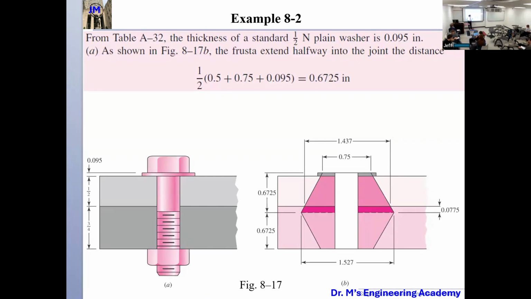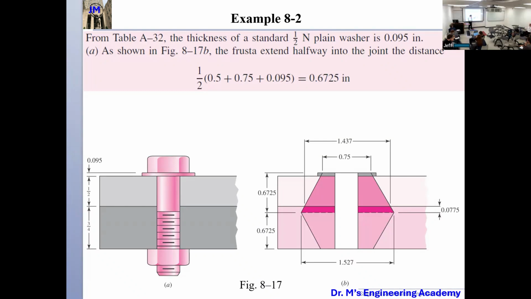But for the first question, if one is made of steel and one is made of cast iron, these two are made of two different materials. So first, get the midline, and then this part and this part are different. We need to treat them as two different frustums.